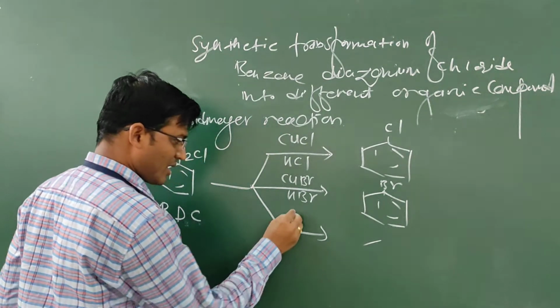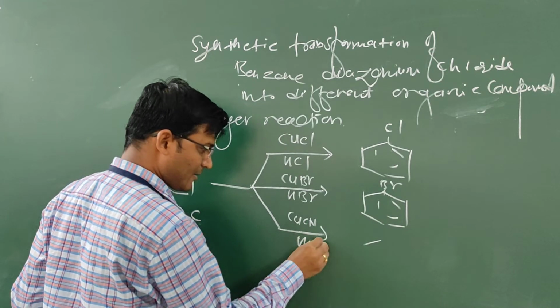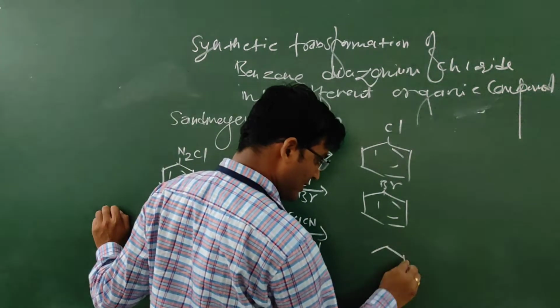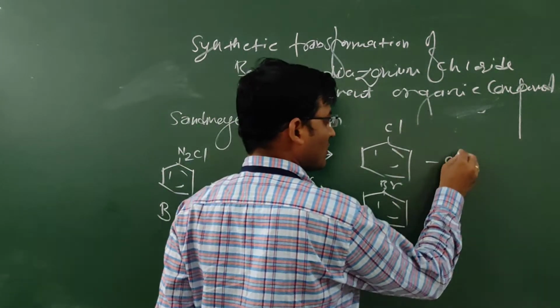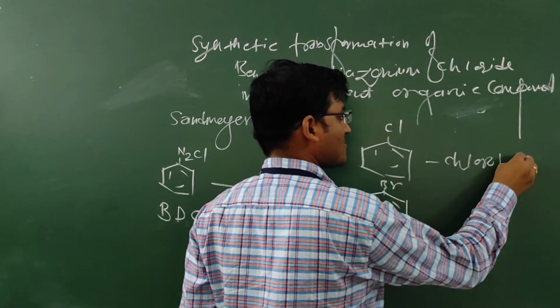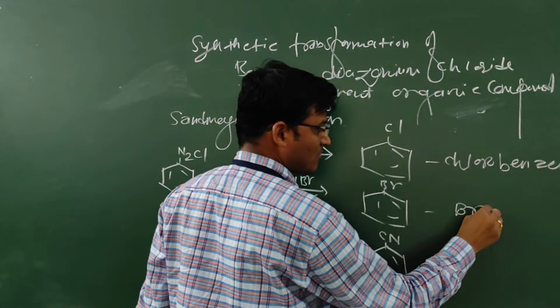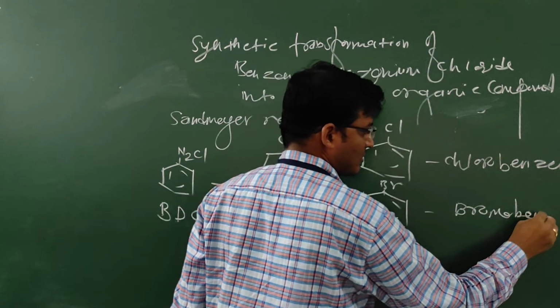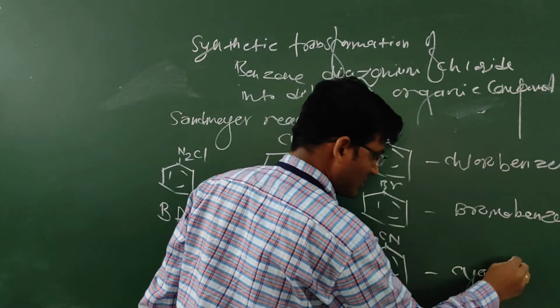And when it reacts with CuCN in presence of HCN, it forms cyanobenzene. Chlorobenzene, which is a bromobenzene, and this is a cyanobenzene.